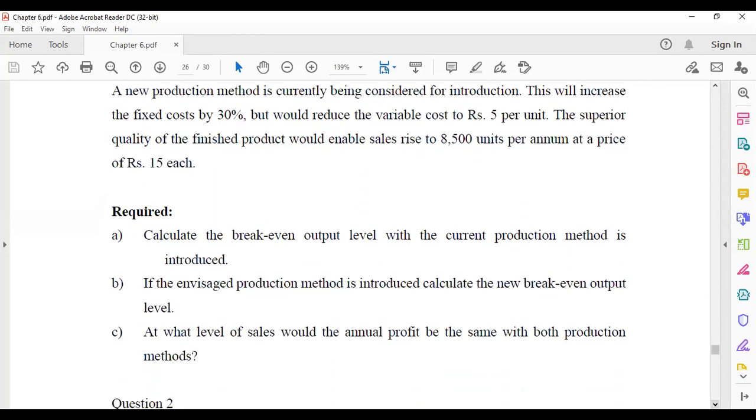And finally, at what levels of sales would the annual profit be the same with both production methods? So you are supposed to compare and see at what unit level the annual profit under the two methods is equal.